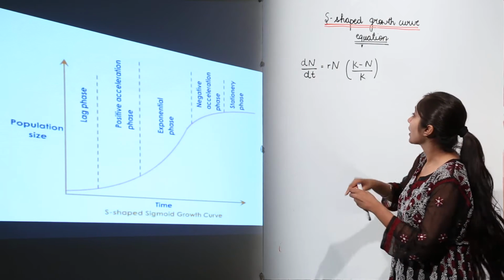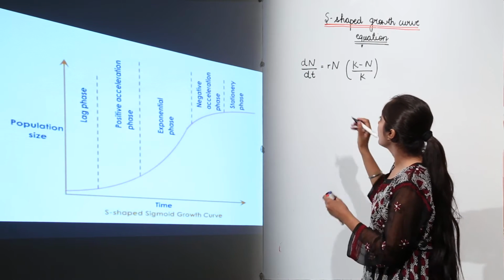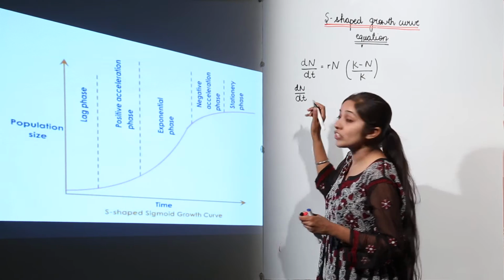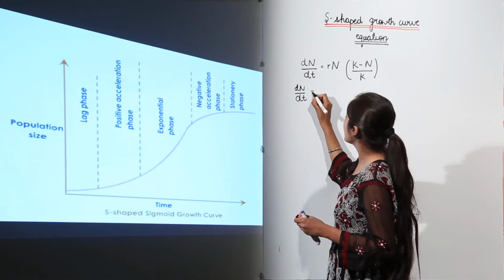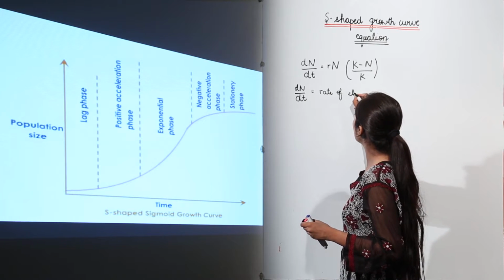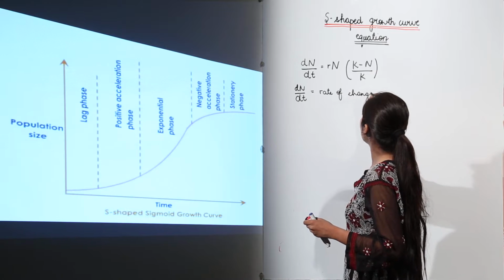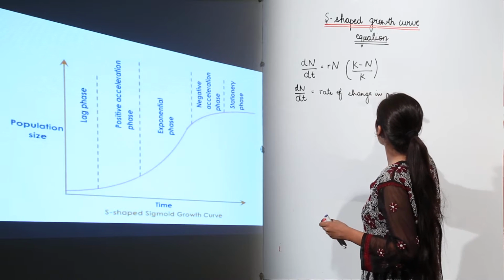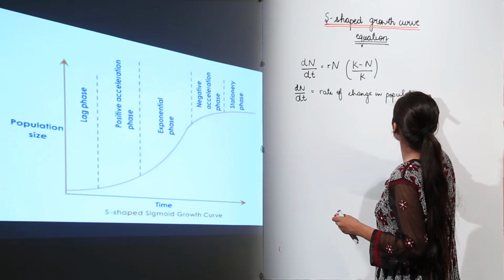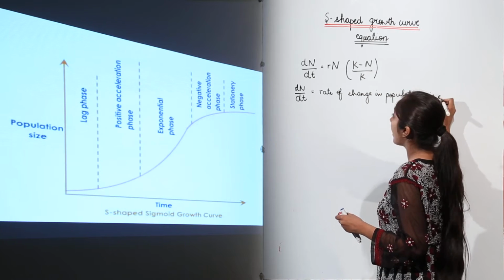Let us study. As we all know, dN/dt, we have studied earlier in the J-shaped growth curve also, is equal to the rate of change in population size. And what is R?